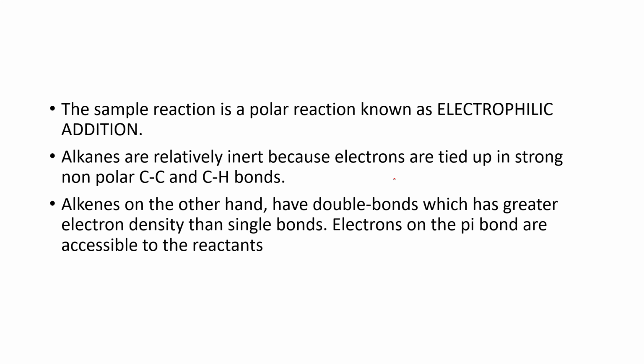Alkanes are relatively inert because their electrons are tied up in strong nonpolar carbon-carbon and carbon-hydrogen bonds. Alkenes, however, are much more reactive because the double bond has greater electron density than single bonds. Electrons of the pi bond are accessible to the reactants. So in short, electrons in the pi bonds can be used for reactions.